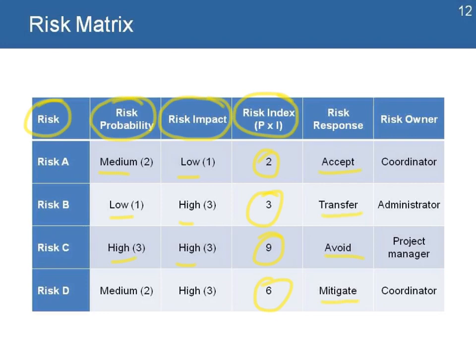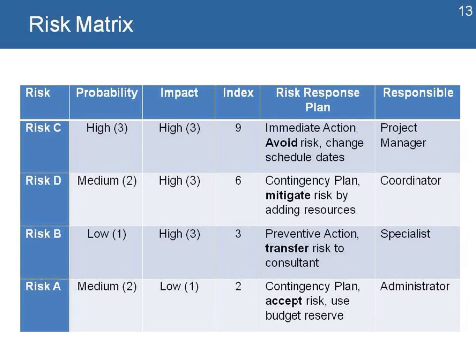They are not always those. There may be a mix, depending on the type of project and the type of risk. The last element that we add to the matrix is the risk owner, the person responsible to carry out that response.